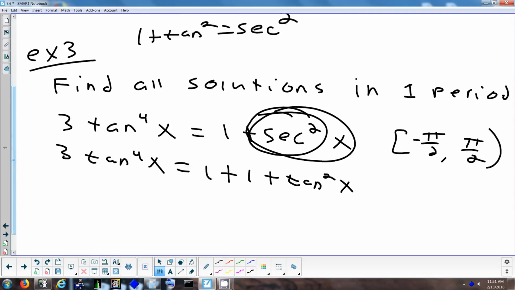What's 1 plus 1? 2. And then how would we bring the 2 to the other side? Let's subtract it. Leave tangent to the 4th where it is. You get 2 on the right, but I'm going to bring it over to the left. And I'm going to bring tangent squared to the left. How would I bring that over as well? Subtract.